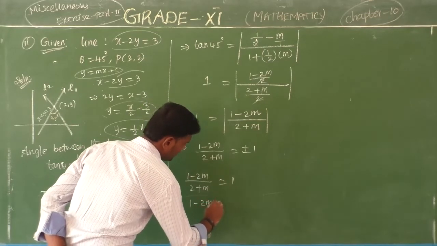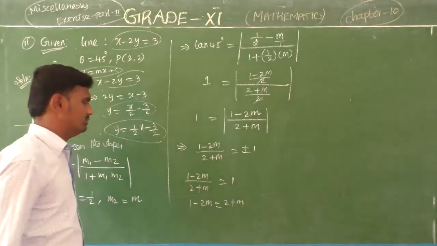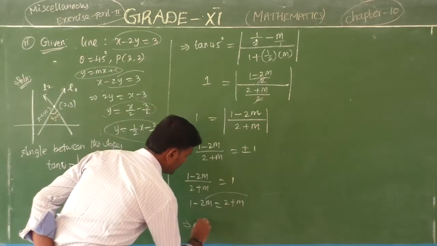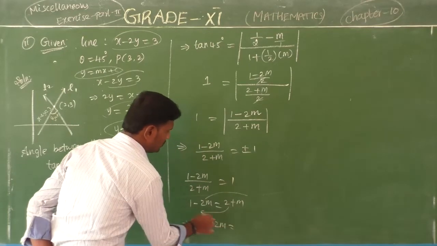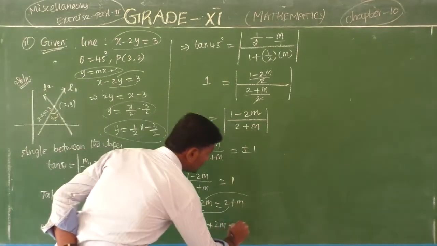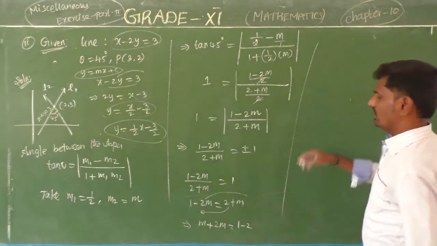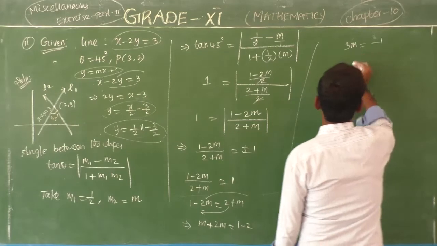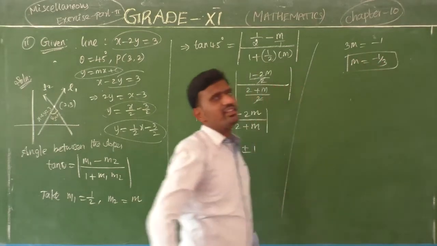Taking a cross multiplication, 1 minus 2m equal to 2 plus m. Now moving minus 2m to that side becomes plus 2m, so m plus 2m is equal to 1 minus 2. Now m plus 2m which is 3m is equal to minus 1. I have the value of m as minus 1 by 3.